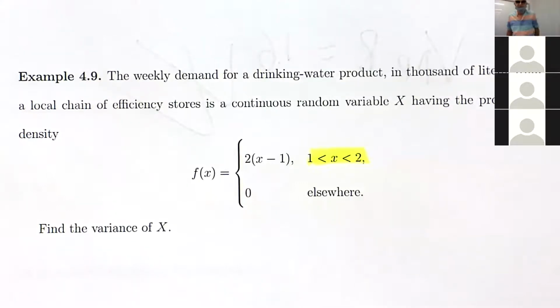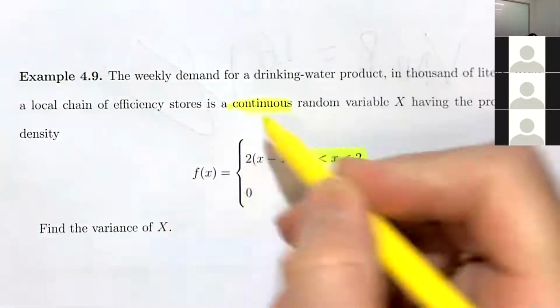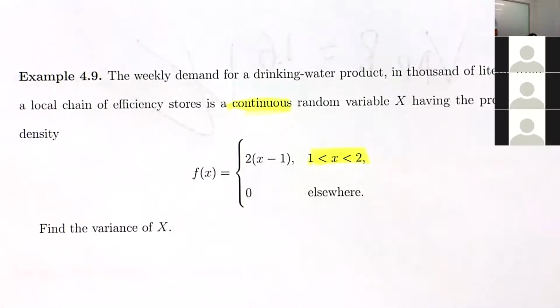The weekly demand for a drinking water product, in thousands of liters, from a local chain of convenience stores is a continuous random variable having this probability density. So you have three signals here that you have a continuous case, and therefore you would have to use the integral sign, not the sigma sign. Three signals. So find the variance.